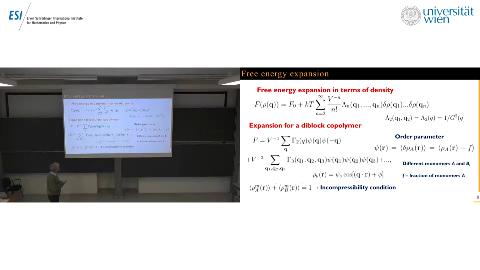And so now the interesting thing is to evaluate these coefficients. These coefficients are given in general by a very complicated formula, but these formulas exist for every finite order. You can write an expression. But a particularly simple expression is for the quadratic coefficient, which is simply 1 over the corresponding density correlation function.